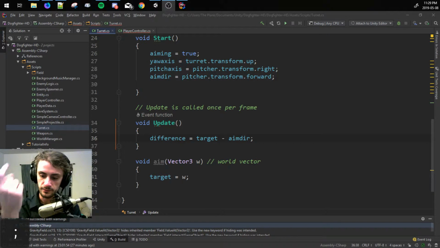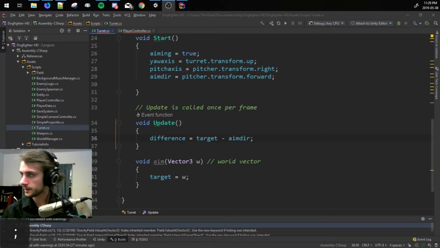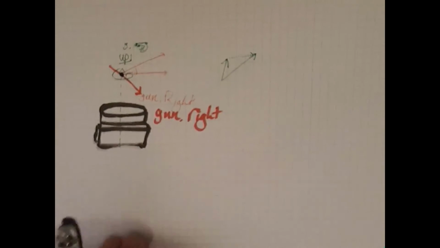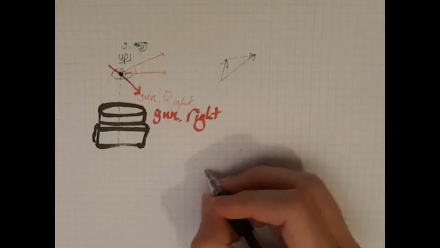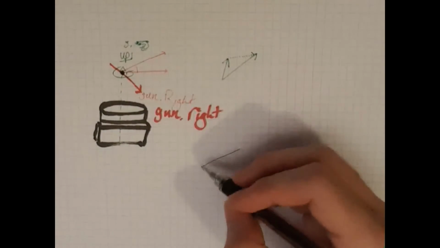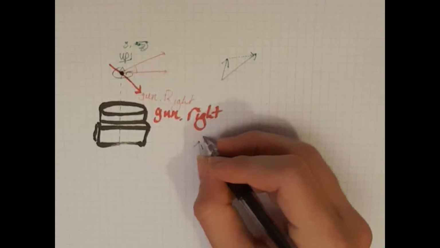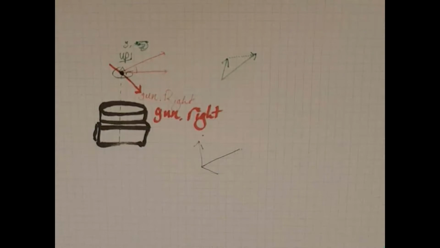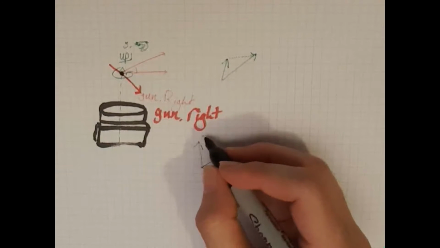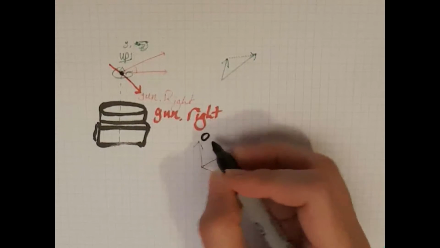I need the pitcher's up, which is backwards, because what I figured out needs to happen is relative to the turret, which I'm gonna just represent with an O. Let's just call it O.